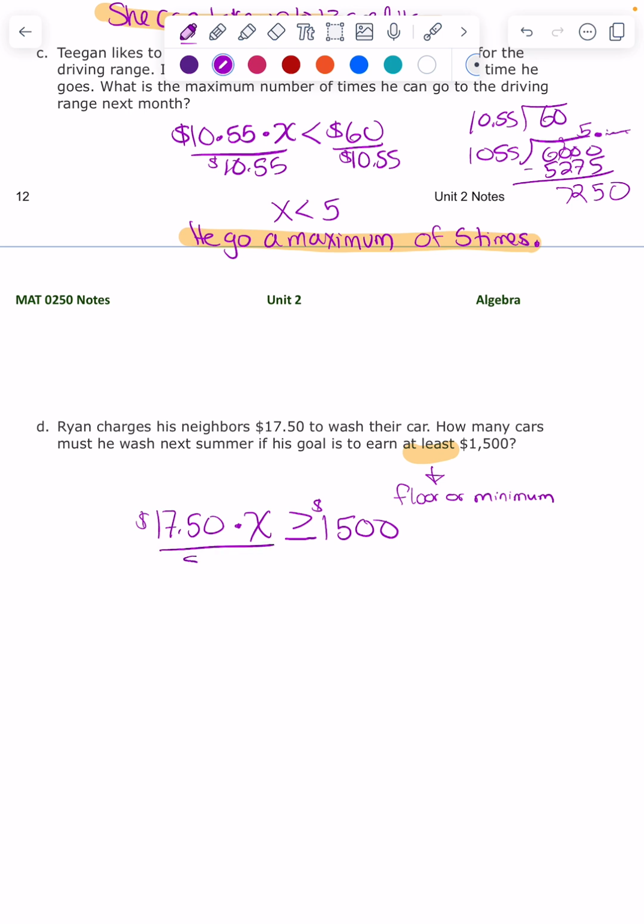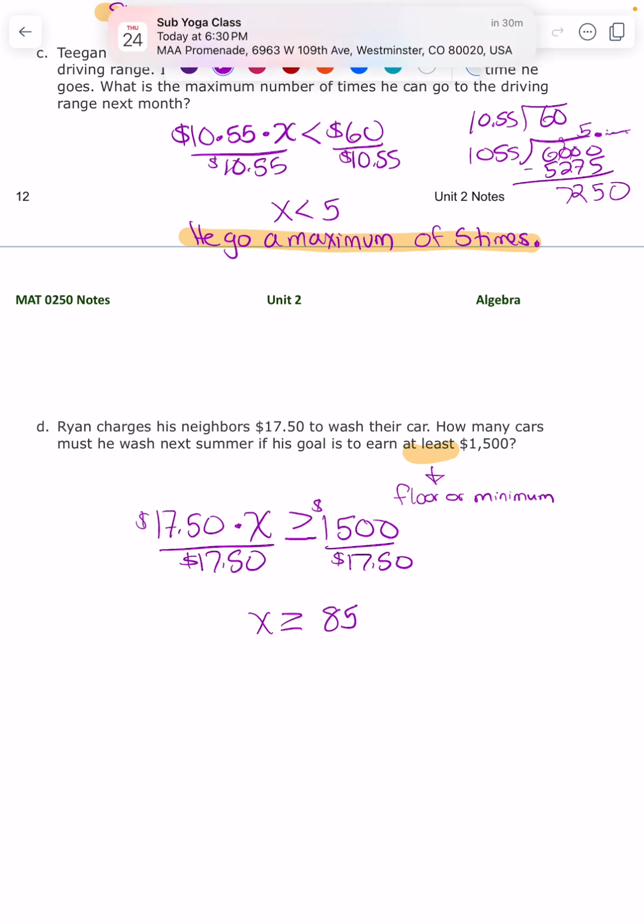So we're going to divide by 17.50. And that turns out to be 85 and some change.